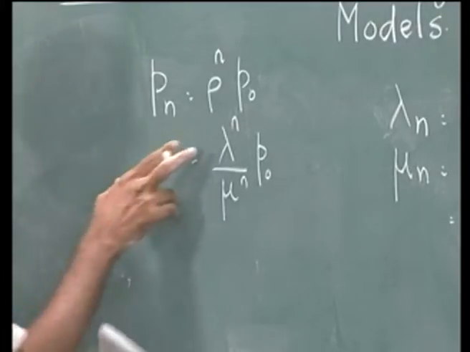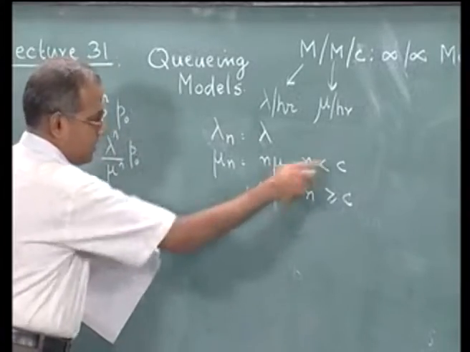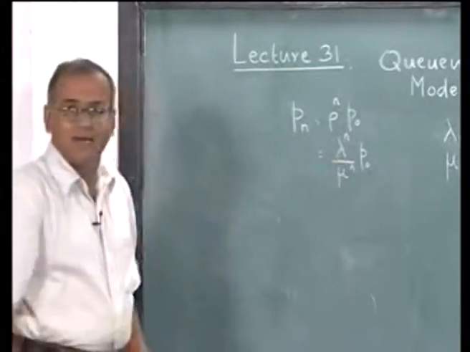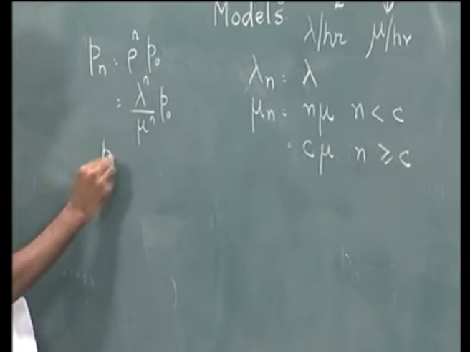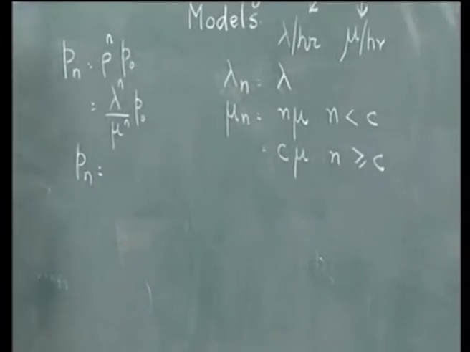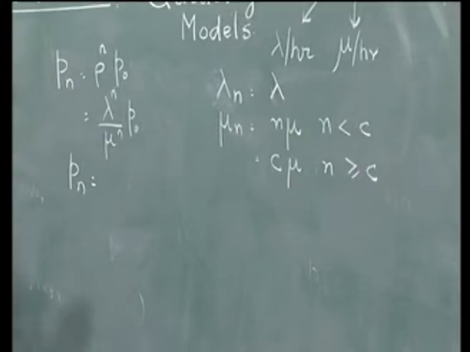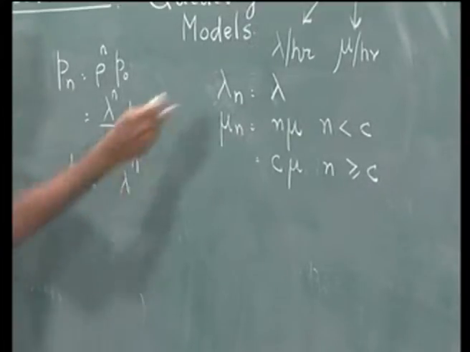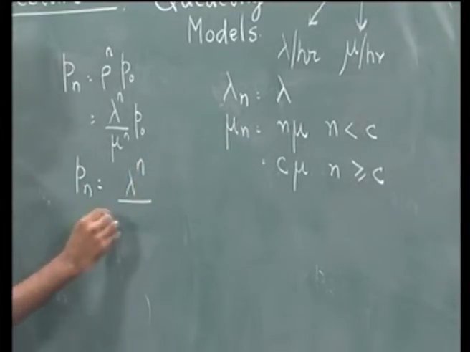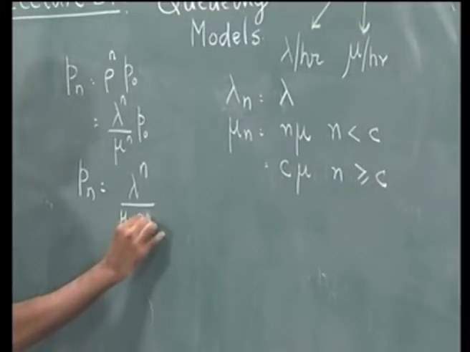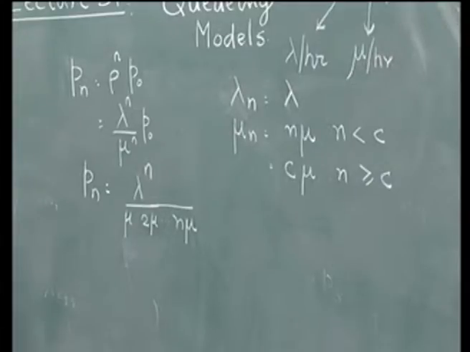Now, because mu changes depending on n and c, this has to be rewritten. So, this will be rewritten as Pn is equal to, if we have number of people n less than c, lambda power n, which is the arrival rate, and mu to the power will be mu, 2 mu, up to n mu, into P naught.